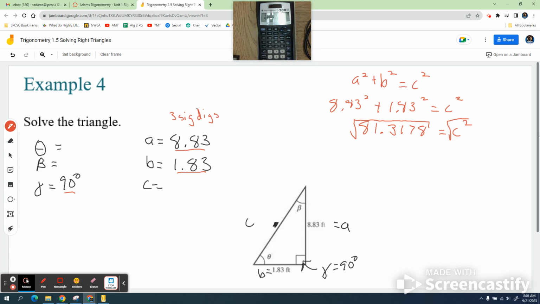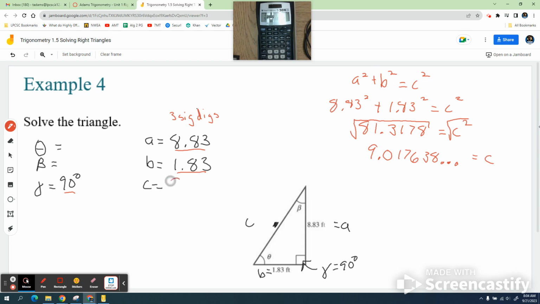And I get approximately, well, let me write down what I have. I have 9.017638, and this goes on and on and on, equals C. So what I want to do is round this to 3 significant digits.